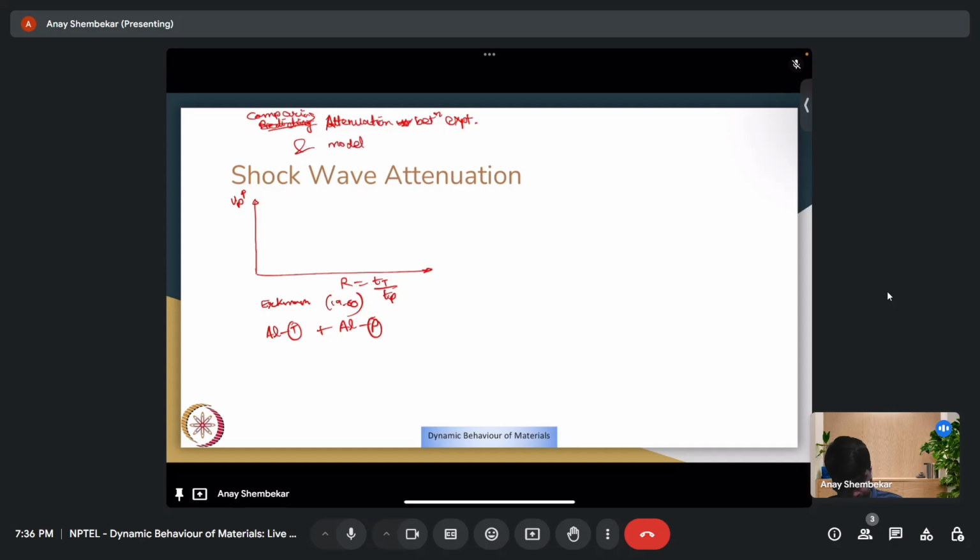The simplest model could be hydrodynamic theory. So the hydrodynamic theory gives a velocity plot like this, whereas the real experiment looks something like this.